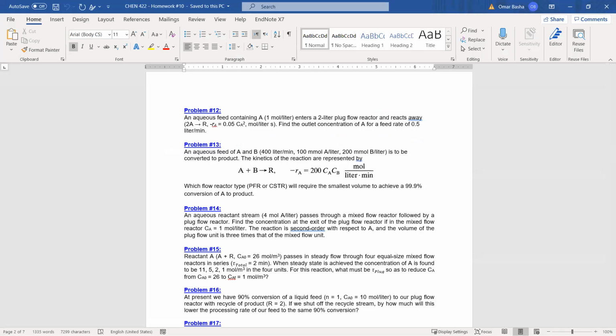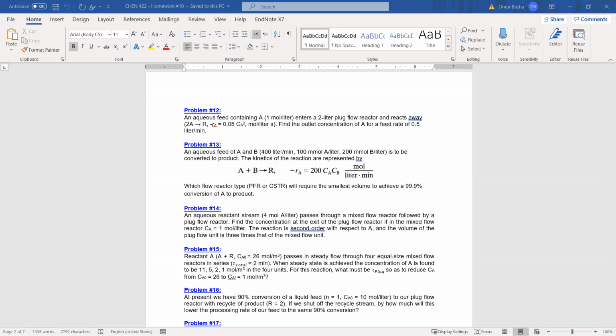Problem number 14. An aqueous reactant stream of 4 moles of A per liter passes through a mixed flow reactor followed by a plug flow reactor. Find the concentration at the exit of the plug flow reactor if in the mixed flow reactor Ca is 1 mole per liter.